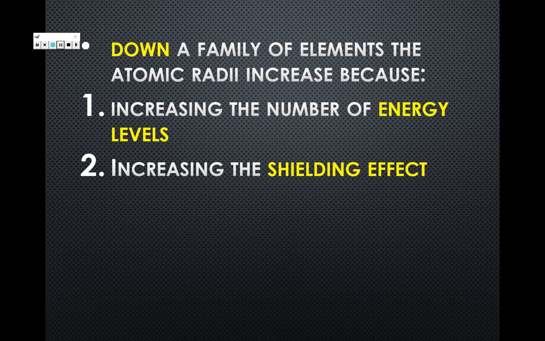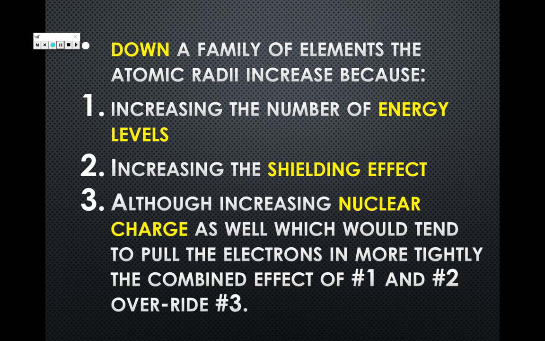But these two points are so much more important than the increase in the number of electrons that we say it overrides it. So even though we are getting more protons, which we defined yesterday as nuclear charge, the fact that there are more energy levels and shields is a greater effect than the increasing number of protons and electrons.